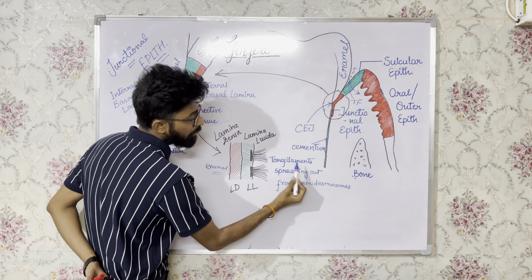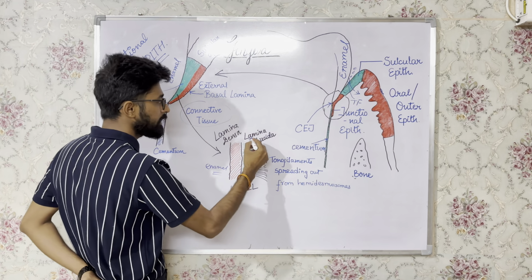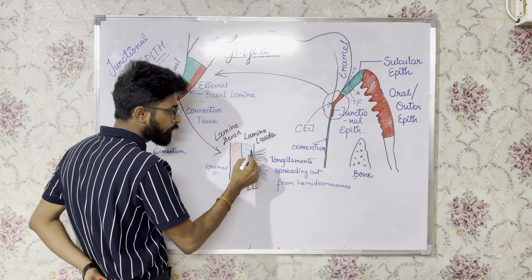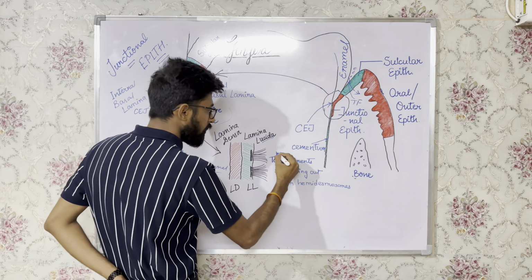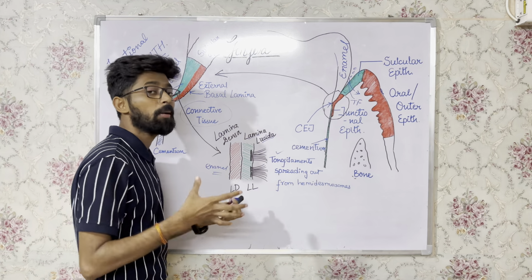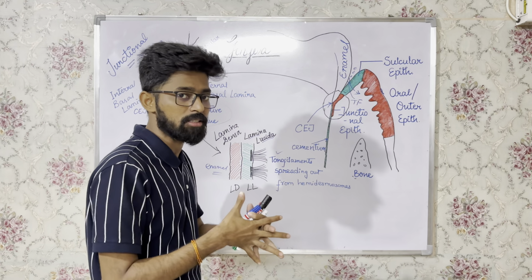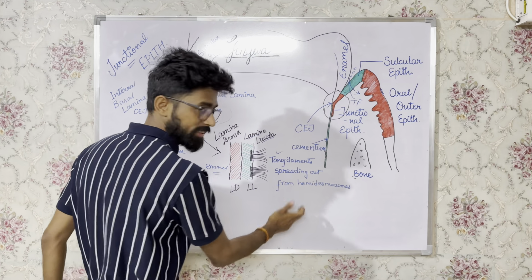So hemidesmosomes are multi-protein complexes present in the lamina lucida, from where tonofilaments spread out. And what is the function of the hemidesmosome along with the tonofilaments? They help in cell to cell adherence, meaning they help in attaching to the adjacent cells. They provide attachment.